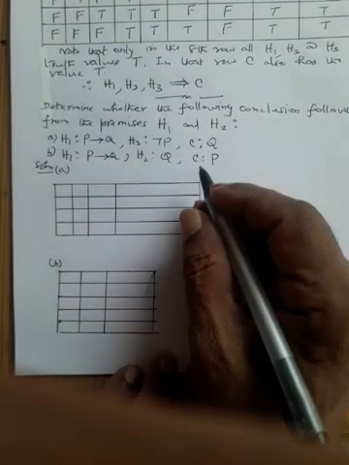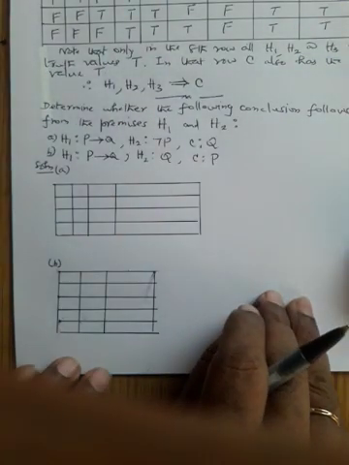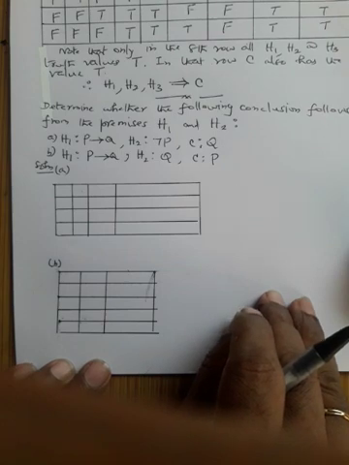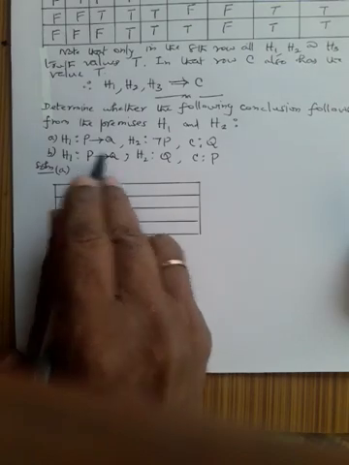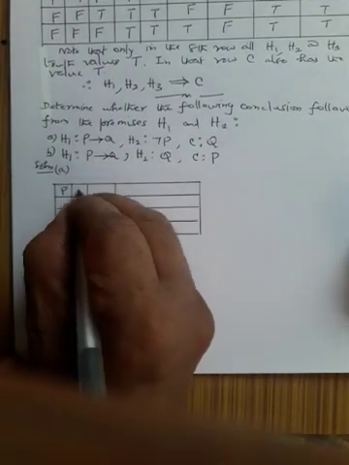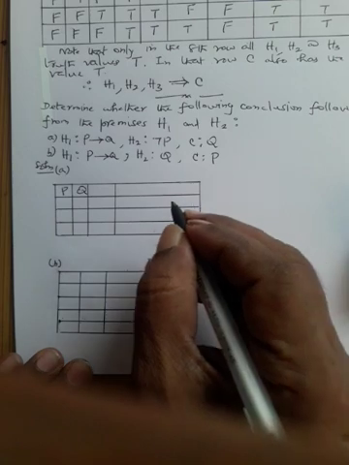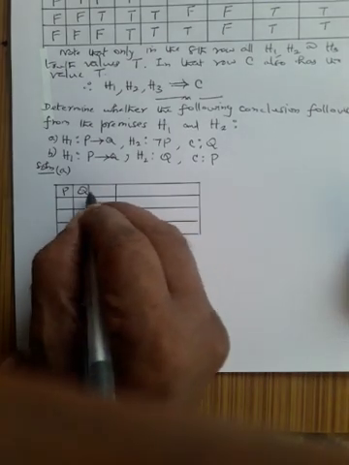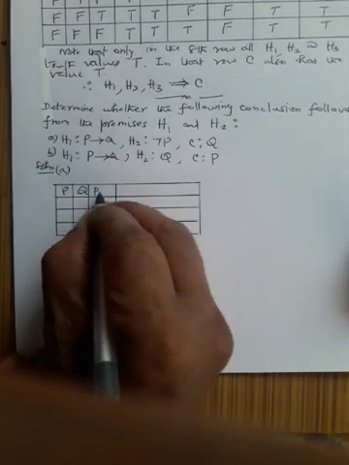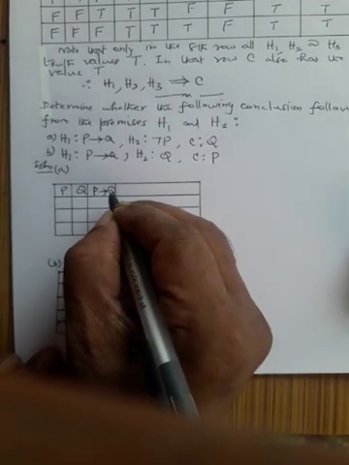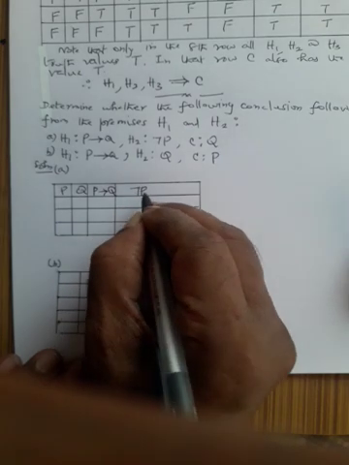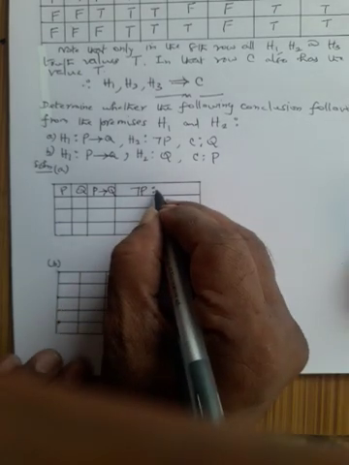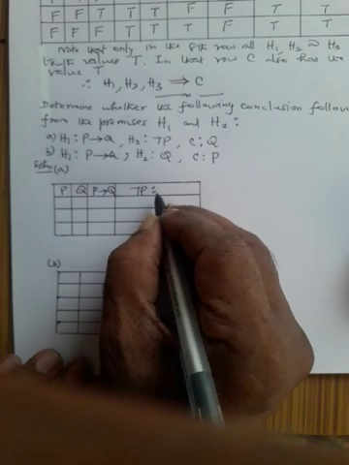So next problem: determine whether the following conclusion follows logically from the premises H1 and H2. Only two variables, P, Q. We have P conditional Q, which is our H1, and negation P, that is our H2.